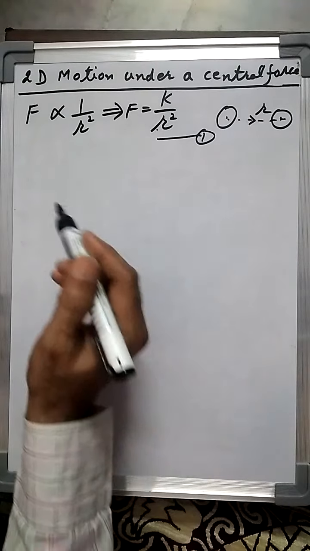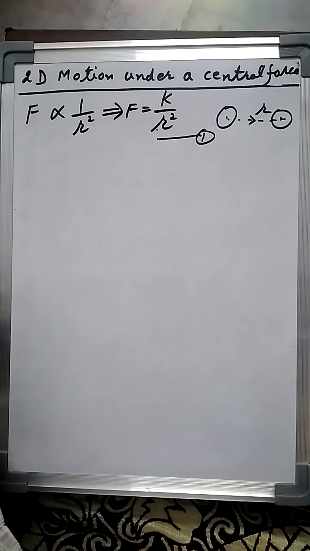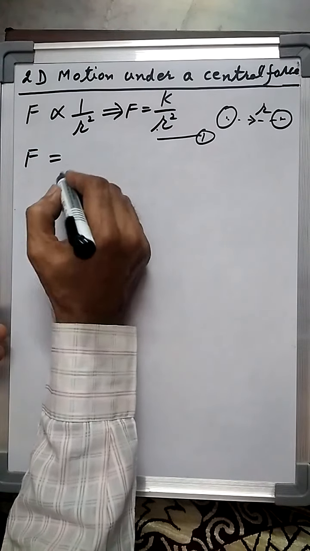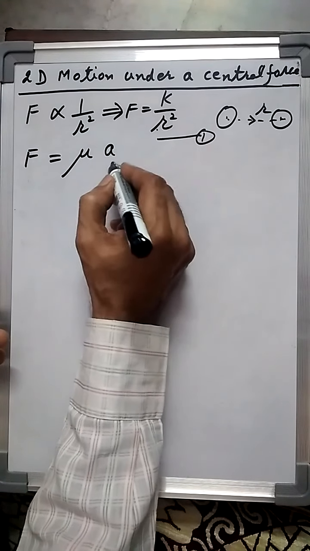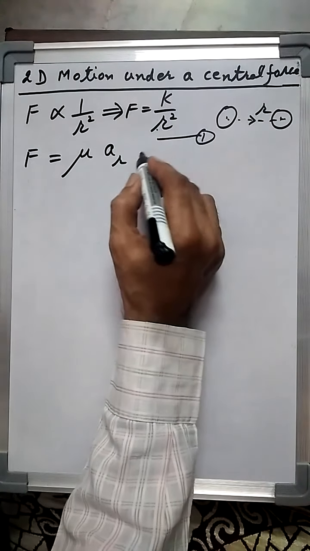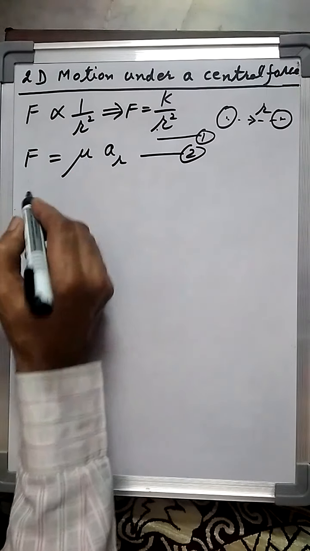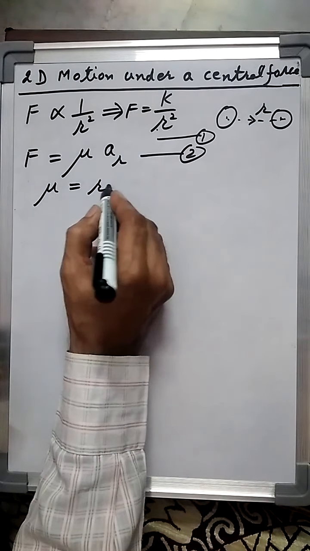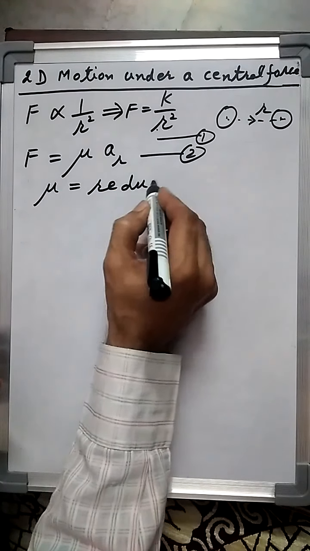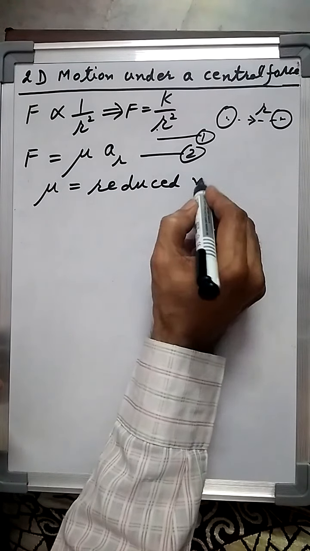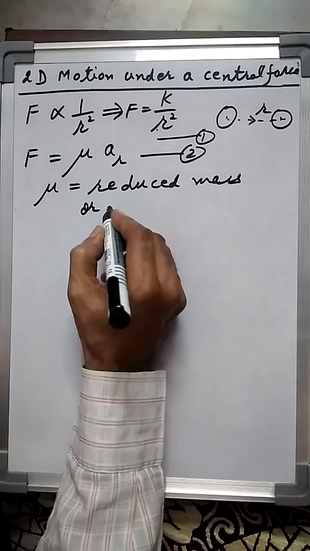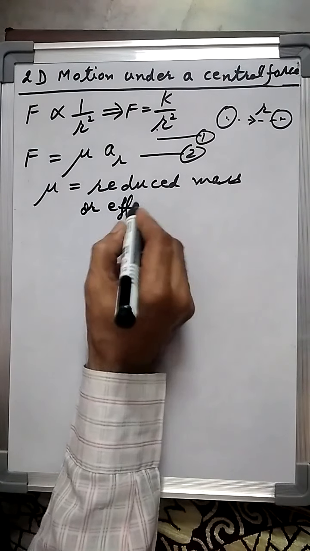Now, the equation of motion of such a system under a central force is written as F is equal to mu a_r, equation number 2, where mu is called the reduced mass of the system, or sometimes it is also known as effective mass.